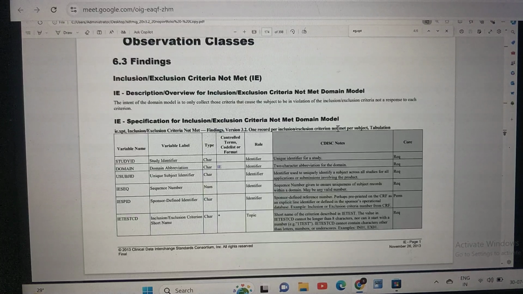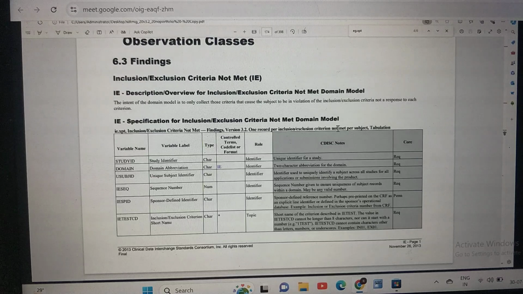Overall, we can say the inclusion exclusion criteria are met. If a subject meets all inclusion exclusion criteria, he is a screen pass. For example, if a subject does not meet the inclusion exclusion criteria, it is a screen failure. He met all inclusion criteria and did not meet any one of the exclusion criteria, so then we can call him an enrolled subject.